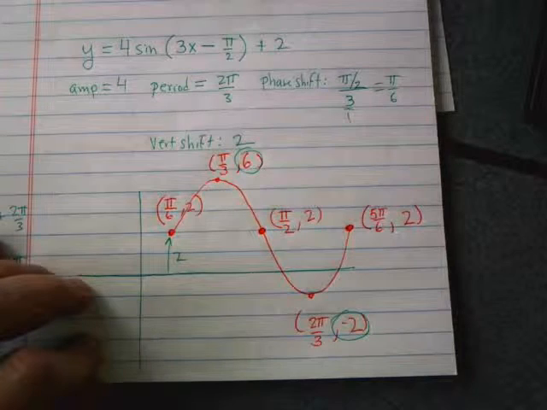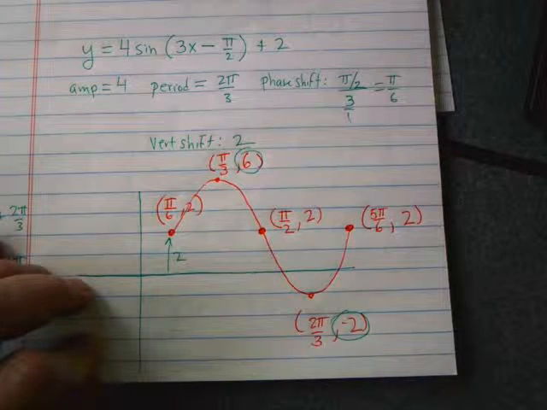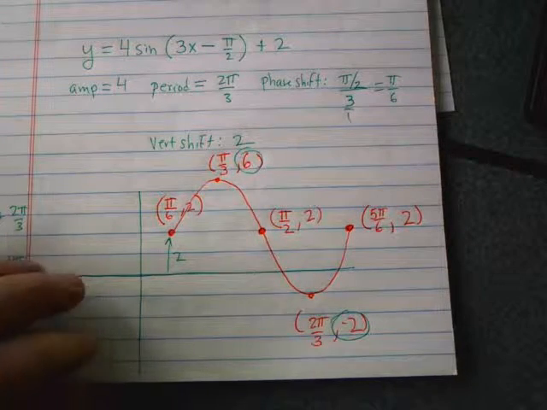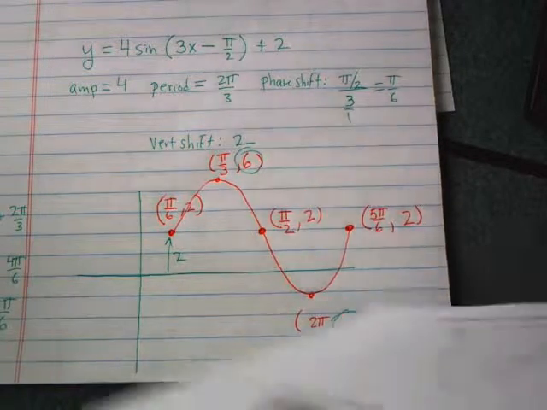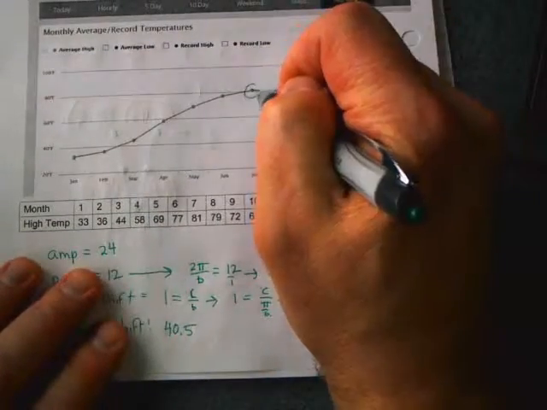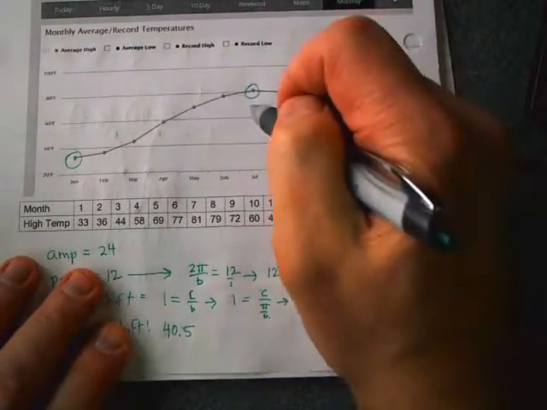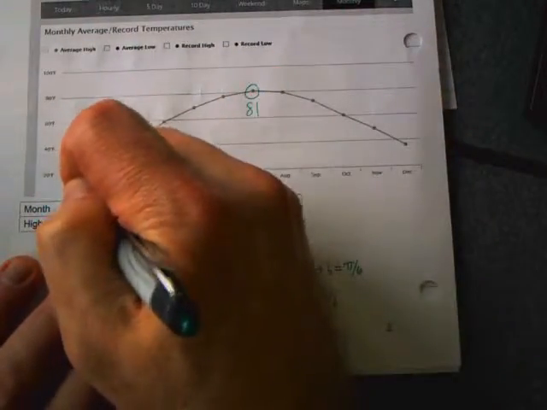Once you add them up and you divide by 2, you get halfway in between. It's the same halfway in between trick, except now we're doing the y values. So our vertical shift should be halfway between our high and our low. Our high was 81, our low was 33.